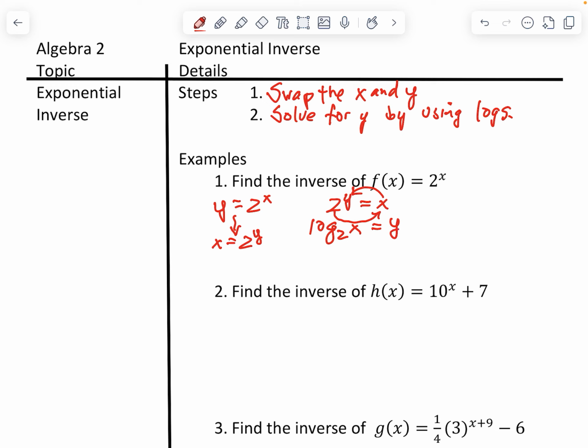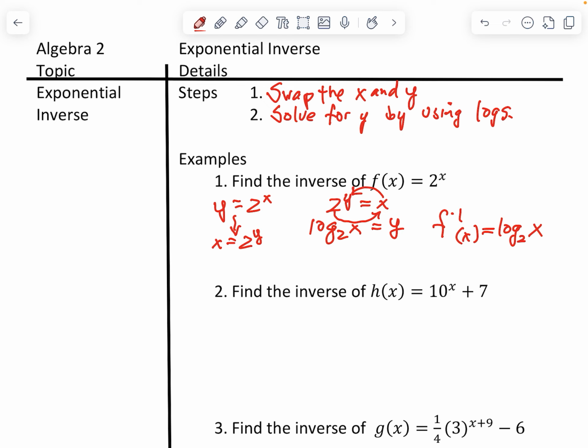So notice that the y is now out of the exponent. Logarithms help us get those variables out of the exponent. So there's our inverse function: the inverse of f of x is equal to log base 2 of x.